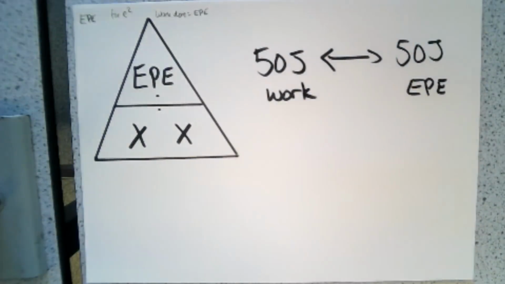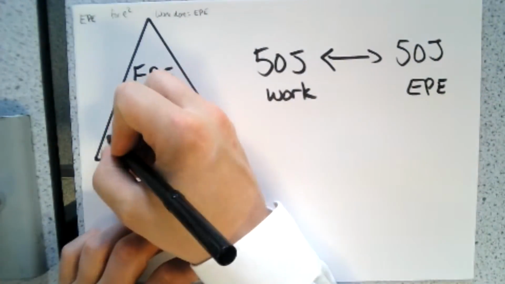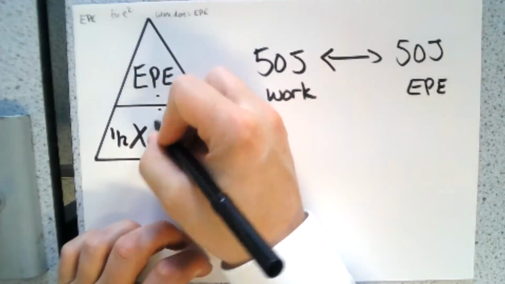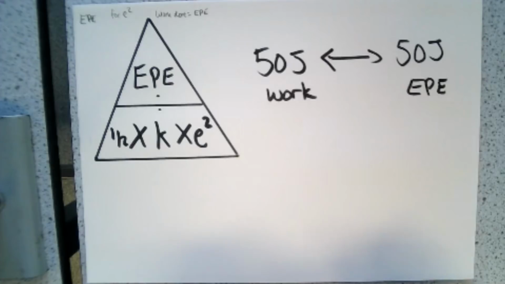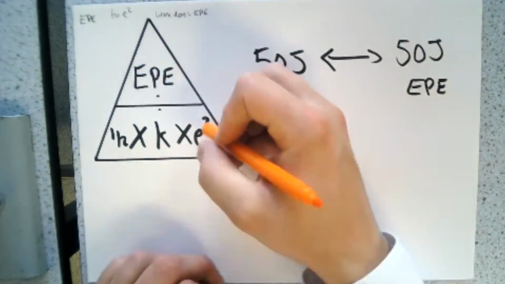Okay, they're directly related. So if you stretch something elastically with a certain amount of work, that will be converted all into elastic potential energy. All right, now to work that out, we need to do half or 0.5 multiplied by the spring constant multiplied by the extension squared. Now, there is a bit of a tricky bit here because we've got an extension squared. We've got a square to deal with.